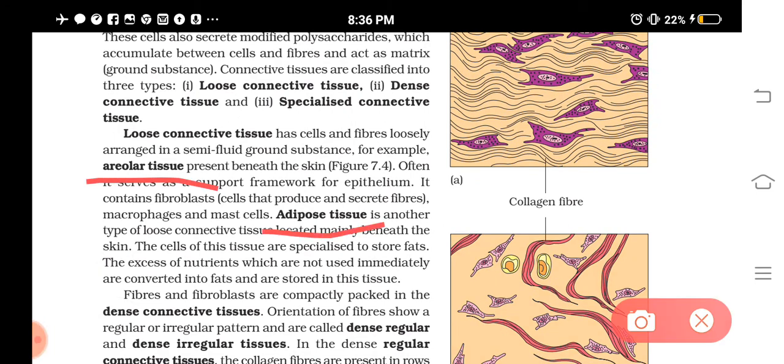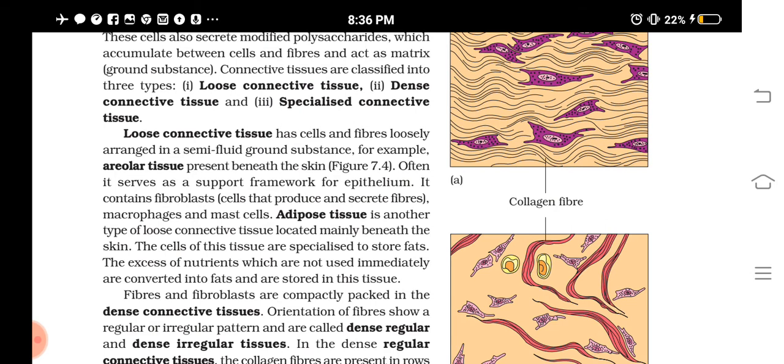So areolar connective tissue, you can see under the skin, and it is acting as a support for the epithelium, and the cells of them are known as fibroblasts, because they produce fibers, and other cells are macrophages and mast cells.